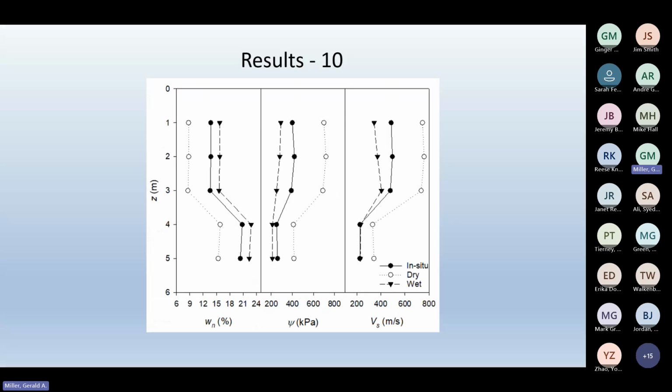So I was encouraged. So the next thing we did is we said, okay, since the lab and field compare so well, we can use lab measurements as a surrogate for what will happen in the field if the moisture content changes. So what Tarek did was he took each of those Shelby tube samples that we tested at the in situ condition, which is represented by the inverse triangles.